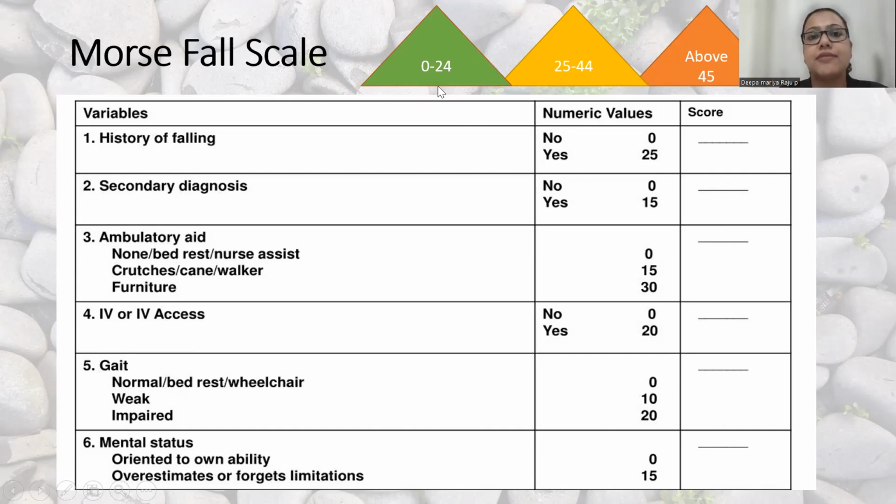If this cumulative score is between 0 to 24, we will consider it low risk. If the score falls between 25 to 44, we will consider that the patient has moderate risk. And if the score is 45 or more, then we will consider this patient a high-risk patient for fall. So this is the Morse Fall Risk Assessment Scale.